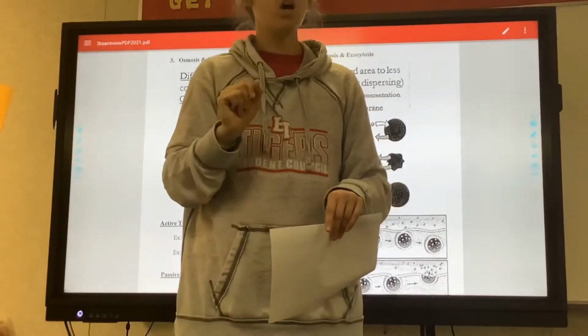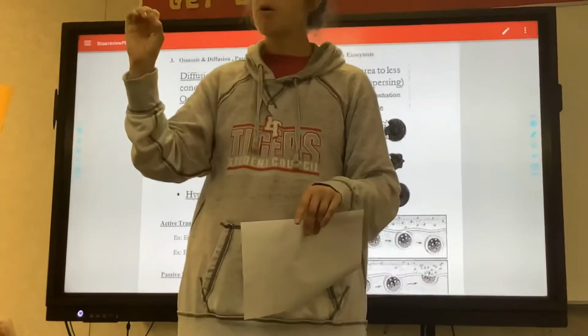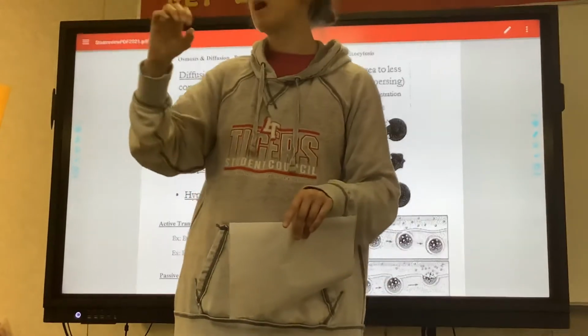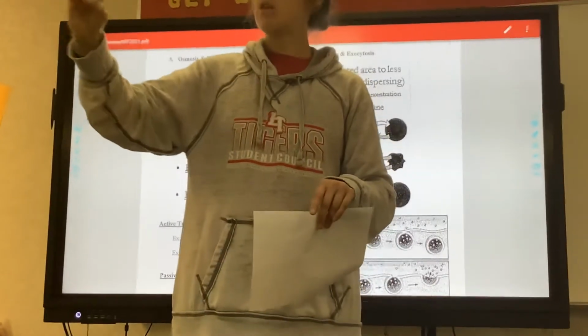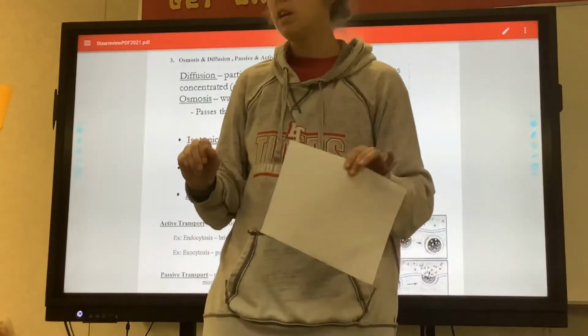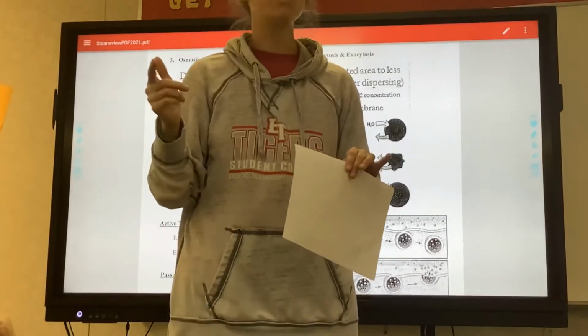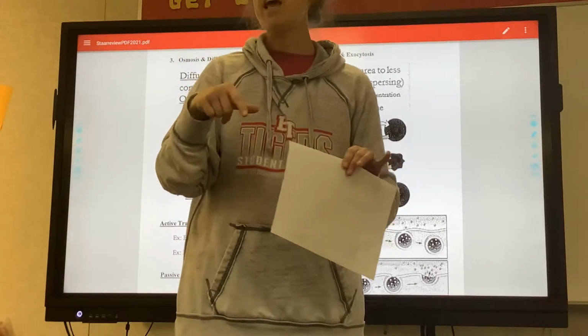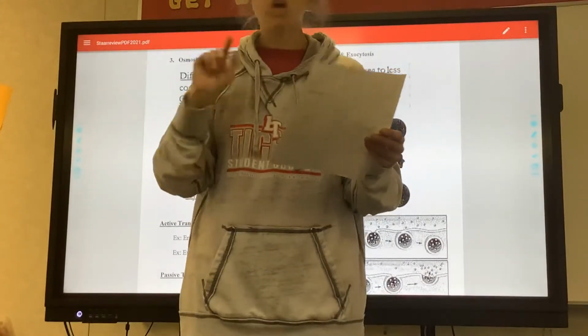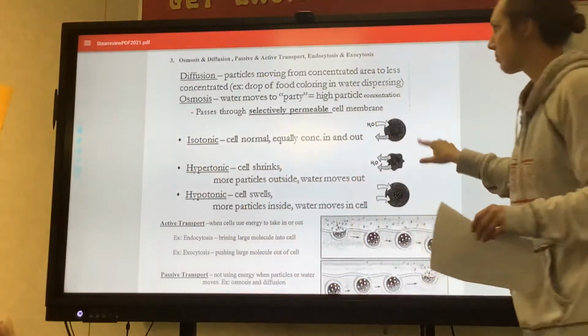Sometimes you have medium particles, and as long as they're going with the flow and not going into crowded areas, they can go in through the tunnels, and that's called facilitated diffusion. It has diffusion in the title, so it's obviously diffusion and no energy.